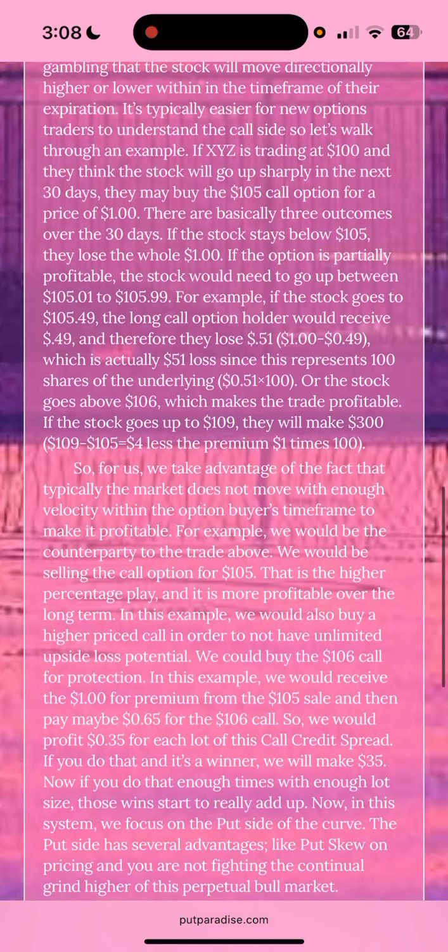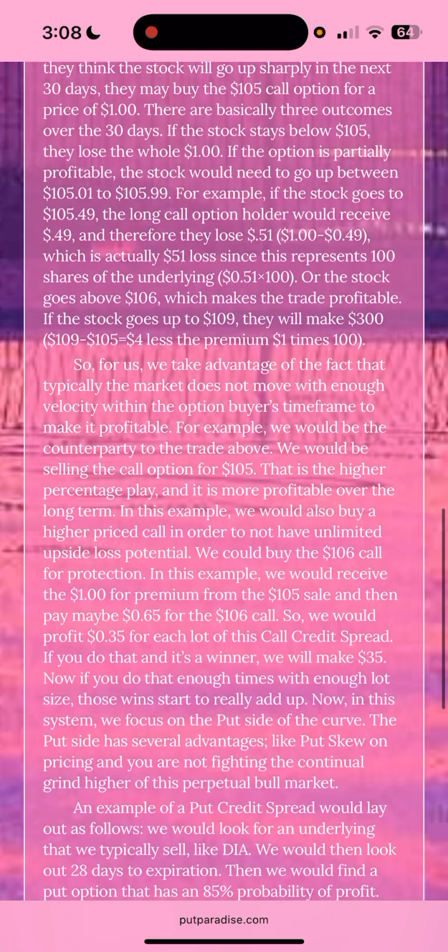Okay. So the alternative is the stock does go above 106, which is what the call purchaser is wanting. That makes their trade profitable. Anything over 106 before 30 days makes them money. So they're gambling that the stock is going to go above 106, and they want it to go really far above 106.